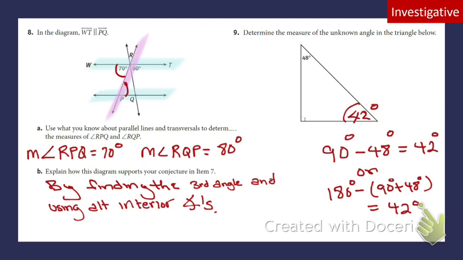And what do we know about alternate interior angles? They are congruent. So if they are congruent, then that means that this angle here is also 70 degrees. And that's how we know that angle RPQ is 70 degrees. Now, with that being said, let's take a look at something else. I'm going to erase this.